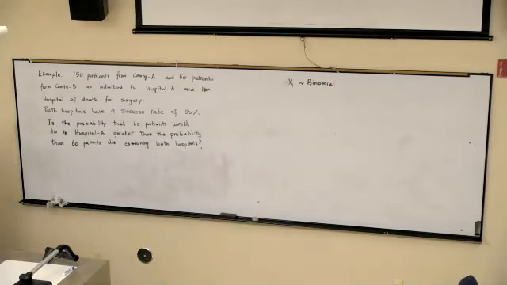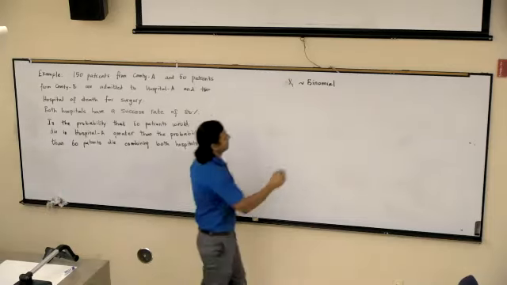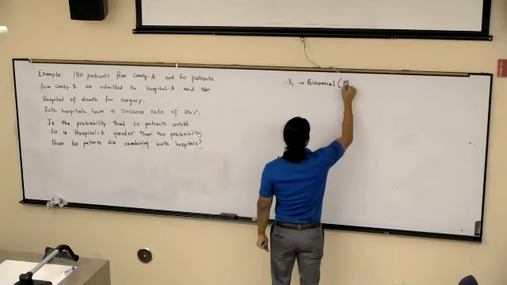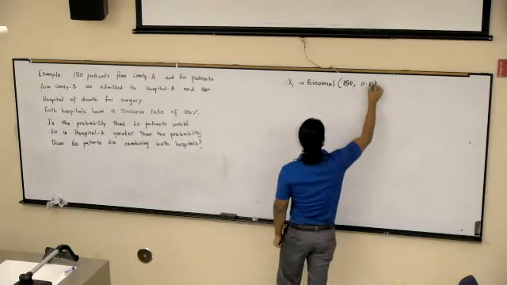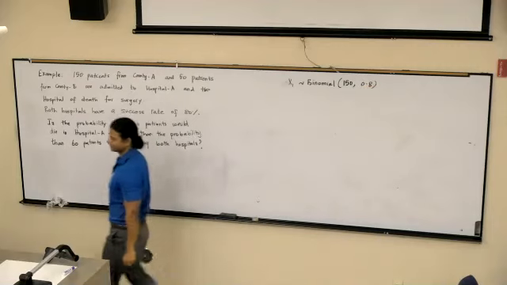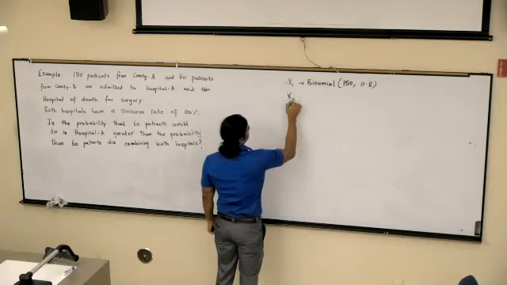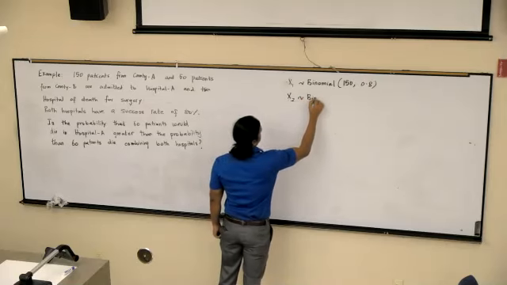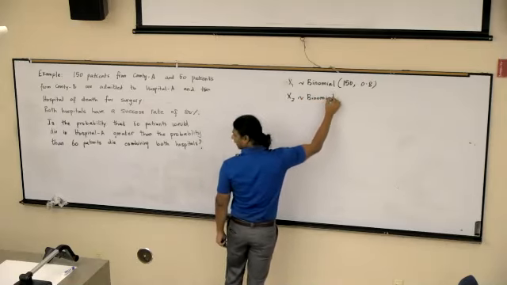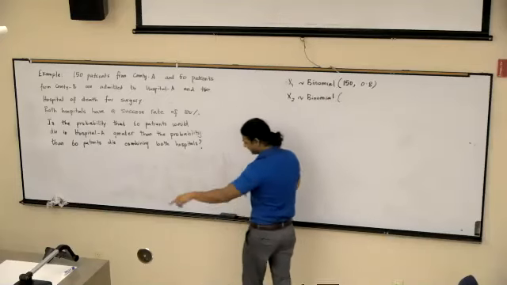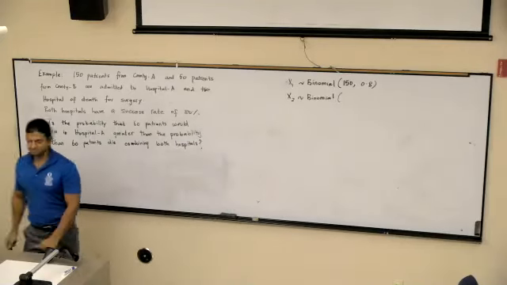And what is N? 150. The probability of success is 0.8. X2 is binomial. What is N? 50.